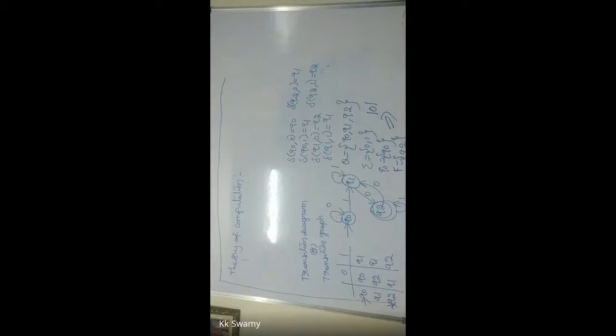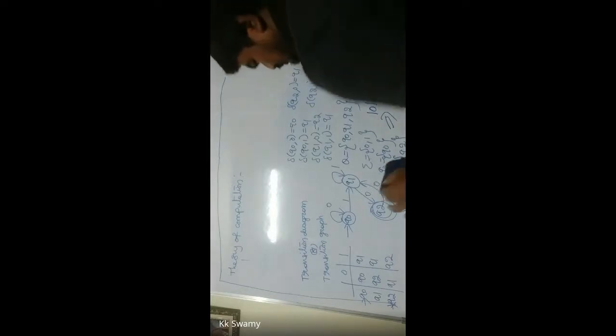Now, finite automata are classified into two types as per the language acceptor, language recognizer: NFA and DFA.